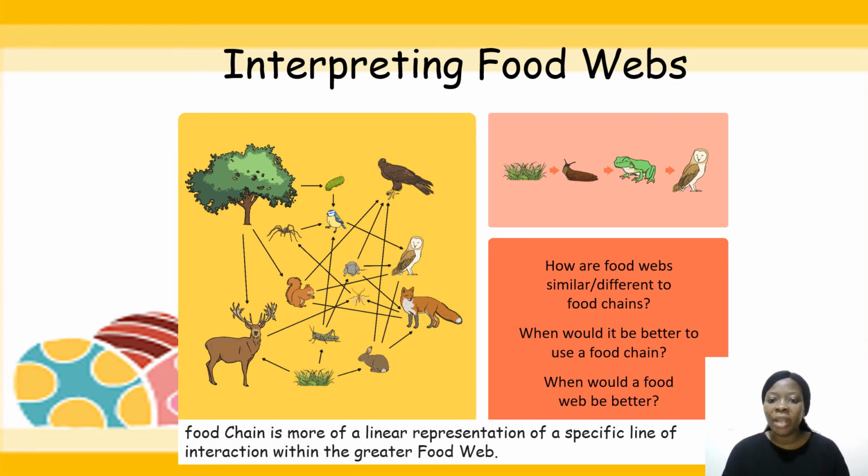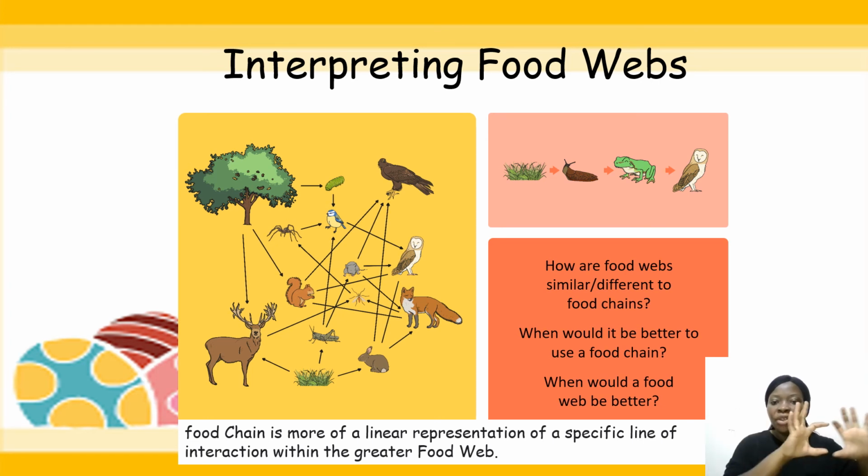Interpreting food webs. How are food webs similar or different to food chains? I bet you should have an idea already. A food chain is more of a linear representation of a specific line of interaction within the greater food web. A food chain shows us just one line of progression, from the grass to the grasshopper, to the rabbit or to the hawk.